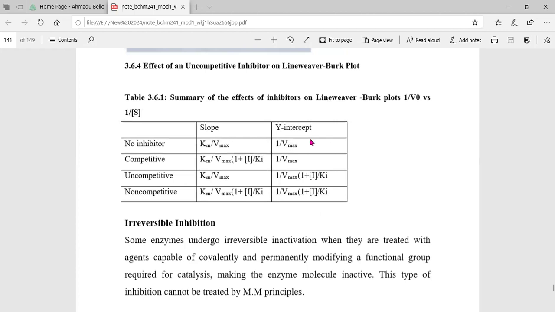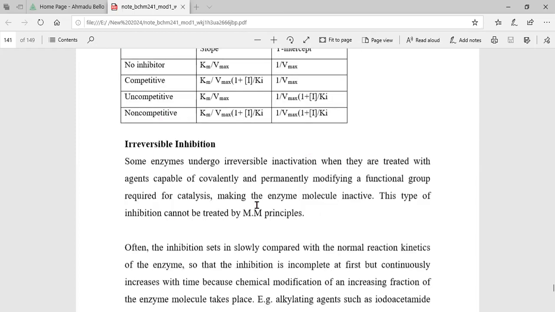We have seen the slope and the y-intercept. This is the summary for without inhibitor, with competitive inhibitor, uncompetitive inhibitor, and non-competitive inhibitor. We have already seen them. This is just a table showing this summary. So that is that about reversible inhibition.